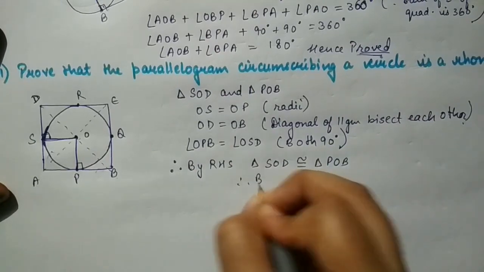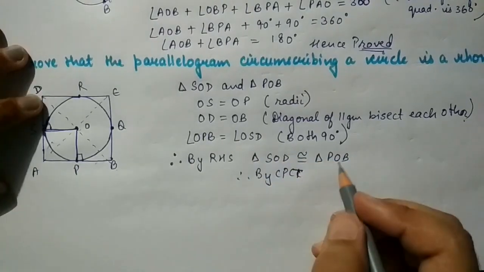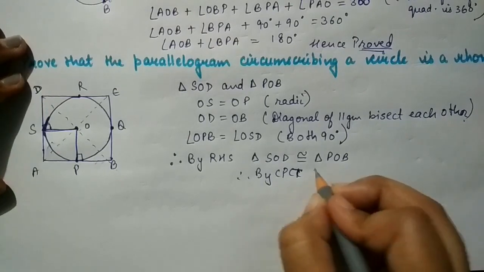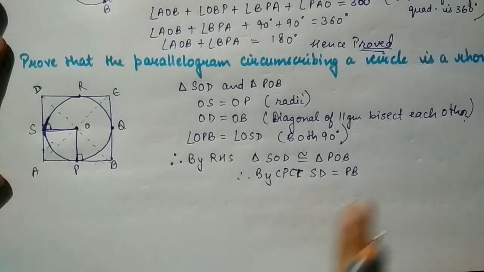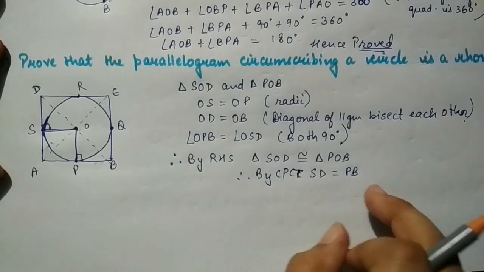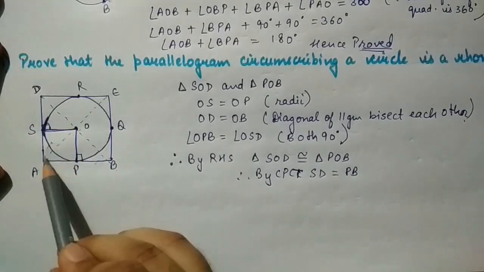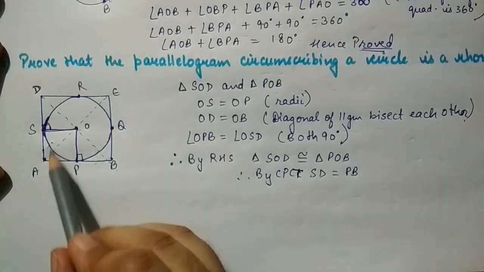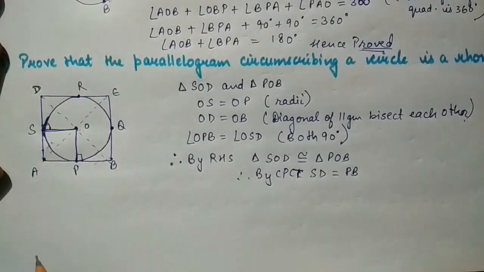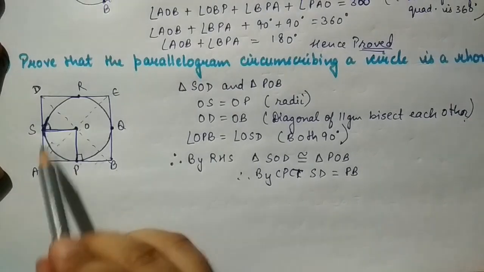Therefore by CPCT you can say that SD is equal to PB. Now A is an external point and this is a circle, and AS and AP are the tangents to this circle from the external point A. So you know this theorem also, that the tangents from an external point to the circle are equal in length.